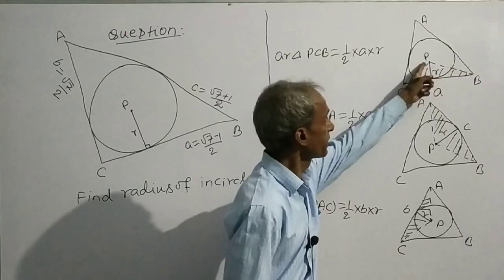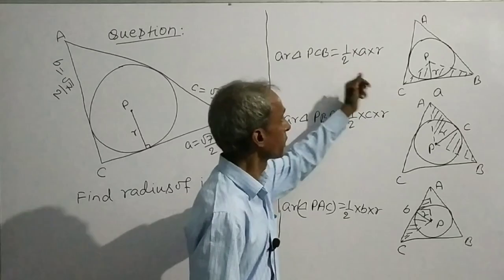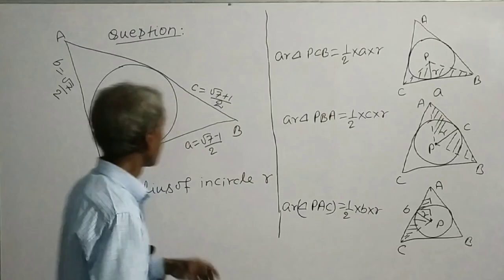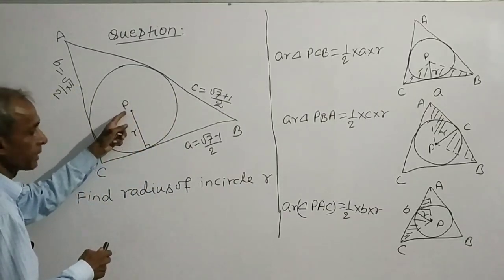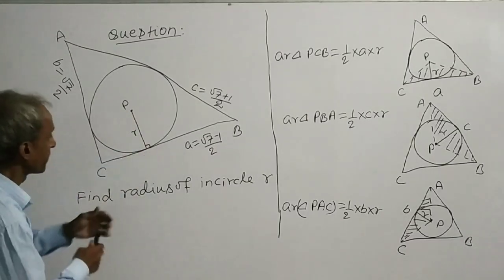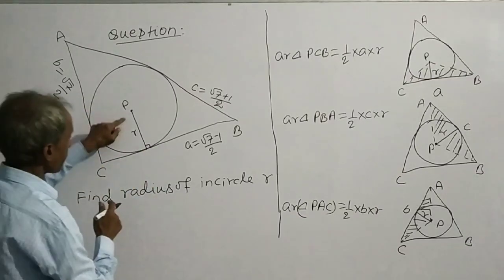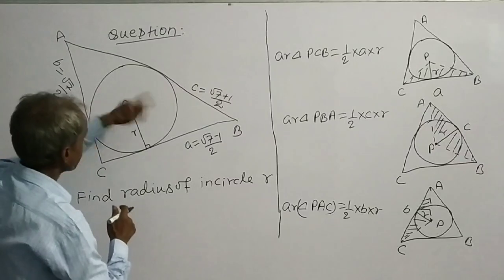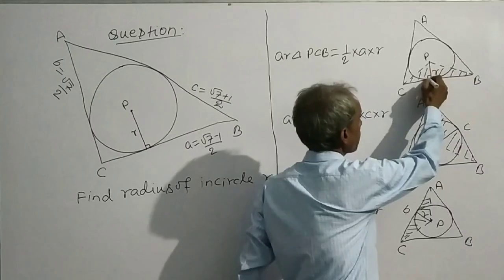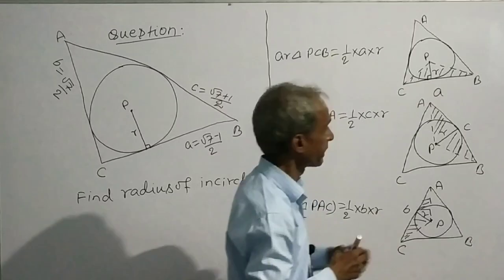The area of this triangle PCB will be equal to 1 by 2 times base a times height r, because when we draw a perpendicular from the center of this circle to this side, it meets at the point of contact and this becomes the radius of this incircle. Therefore, this r will be perpendicular, 1 by 2 times base times height.